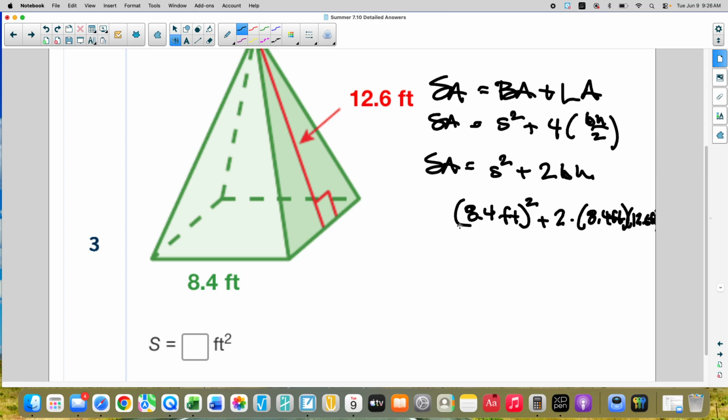And so 8.4 squared, let's use this instead of losing my page all the time. I'm not even doing it correctly. 8.4 squared equals 70.56 feet squared, plus we got 8.4 times 12.6 gives us 105.84 feet squared.